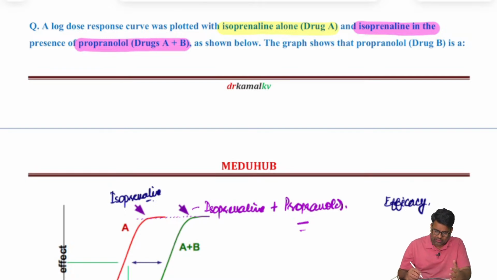Right? So we will be discussing more of potency in this particular question. Now in DRC, if the drug is more on the righter side, it is less potent. So more on the right, you can say it is less potent.